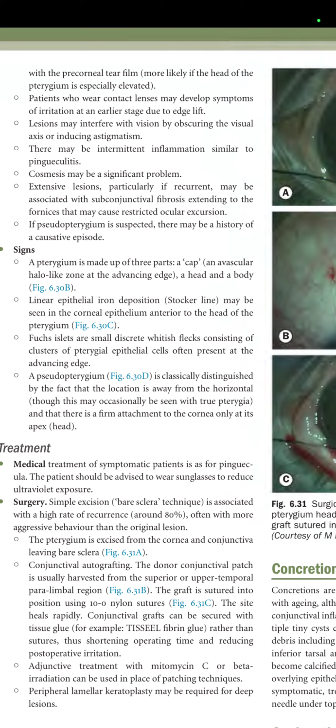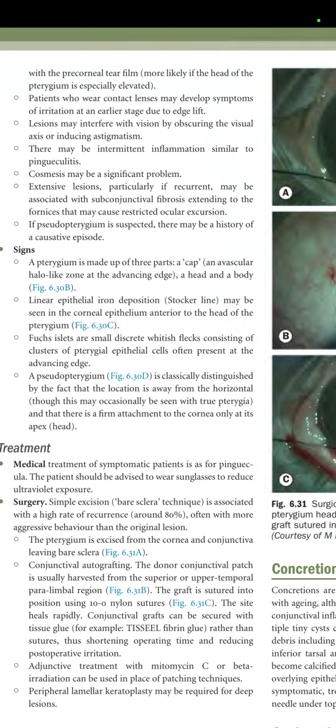So whenever you are suspecting pseudopterygium, you can also identify what is causing it. Like you can see the defect in the cornea. It can be central, it can be paracentral. One of the most important things is that the pterygium induces astigmatism in the eye and causes refractive error.